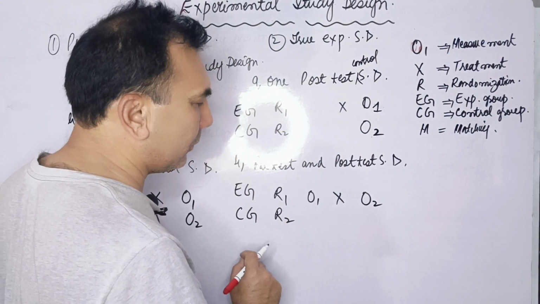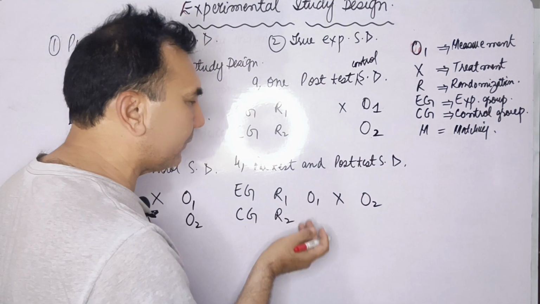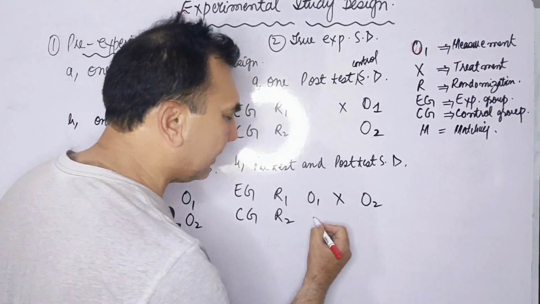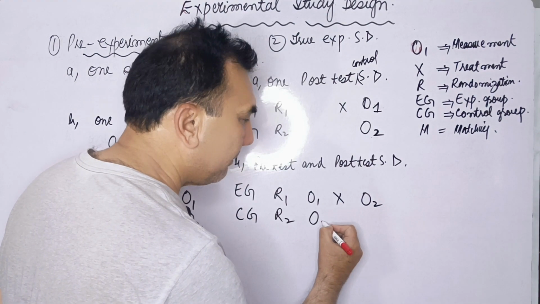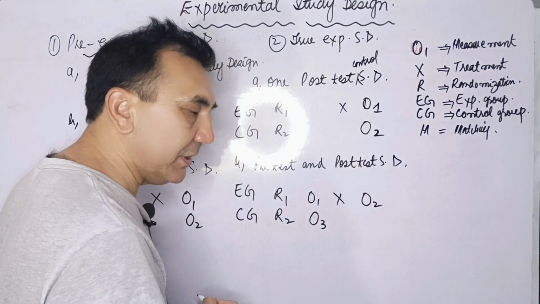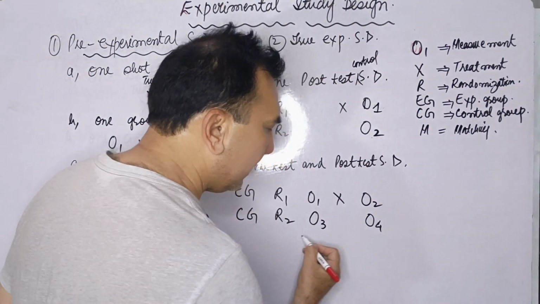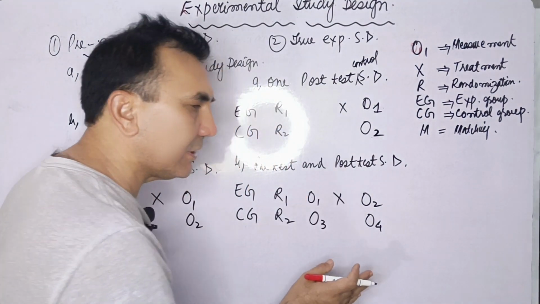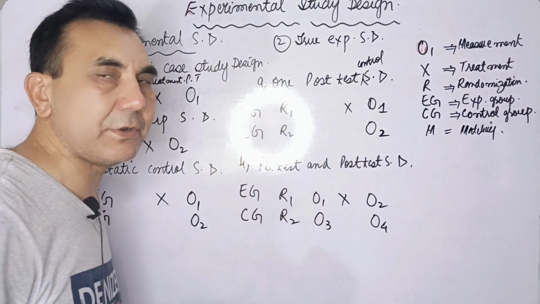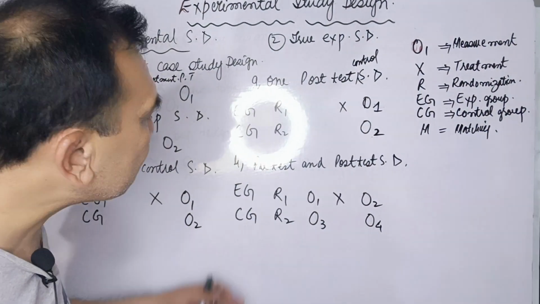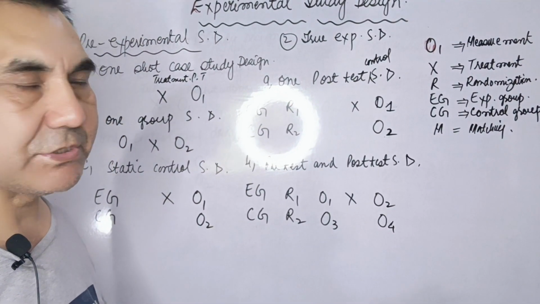In the control group of the pre-test and post-test study design, the researcher measures the pre-test and then measures the post-test. In the control group, he will not expose the group to any treatment. So this is the second type of true experimental study design.